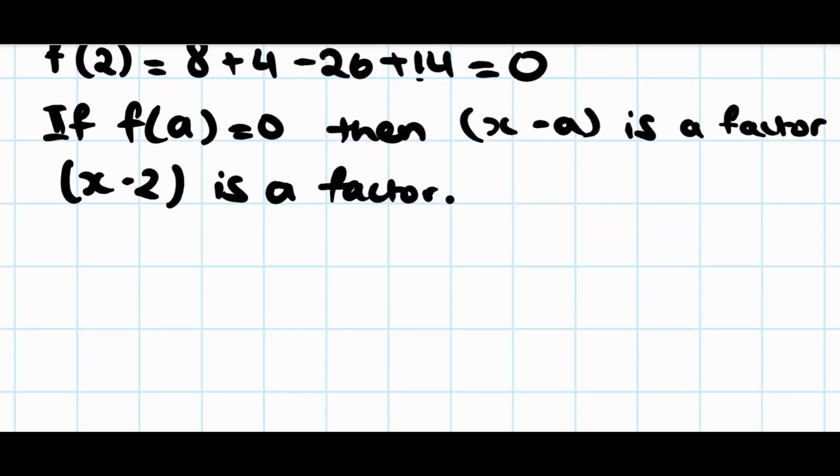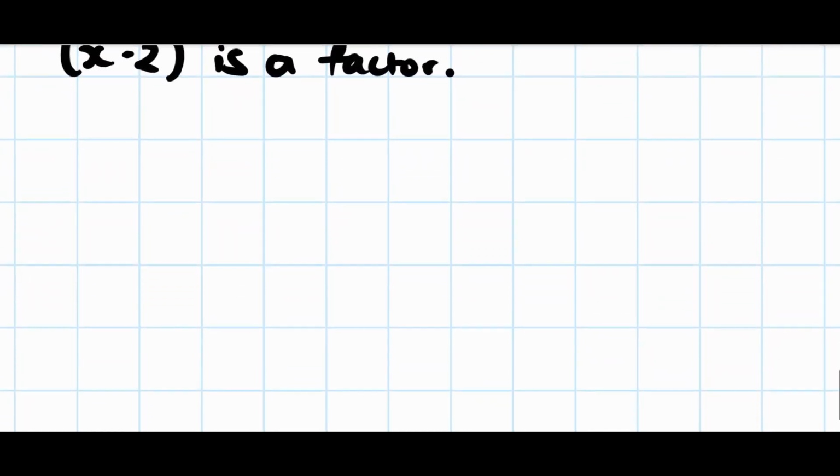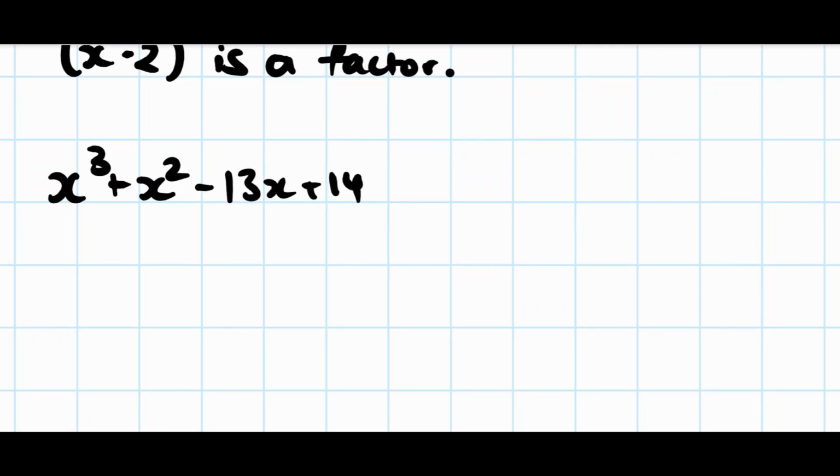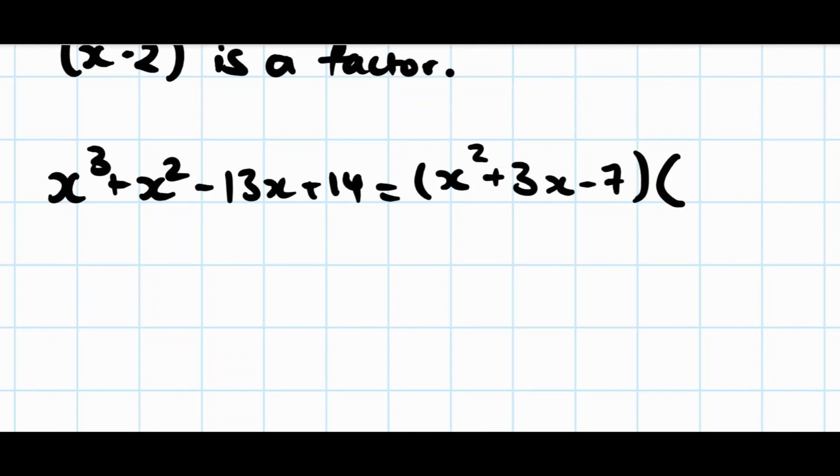Now that we have a factor, we can now say that x cubed plus x squared minus 13x plus 14, let me change that to plus really quickly, will then be equal to, by using polynomial division, x squared plus 3x minus 7 times x minus 2. Hence, going back to the question, we need to find the solutions.